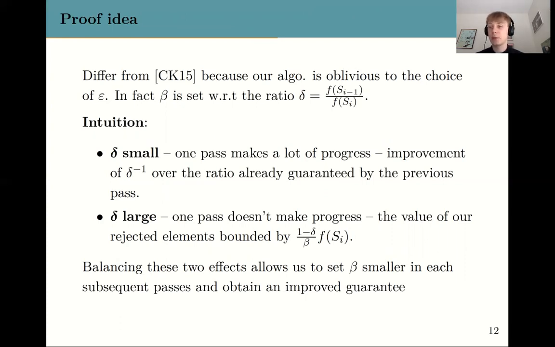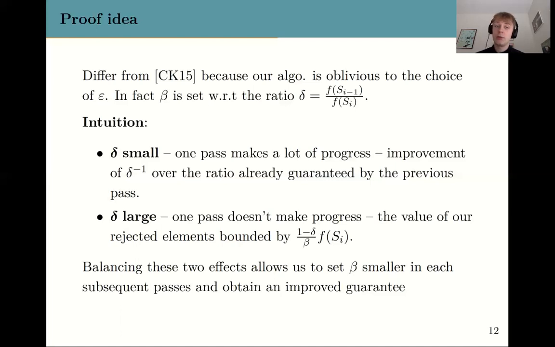They set beta to always be the same, and they show that using the tuning of the parameter there is some convergence, but their algorithm is not oblivious to the choice of epsilon. What we use in our proof is this ratio delta, which is the ratio between the value of the starting solution divided by the value of our final solution.